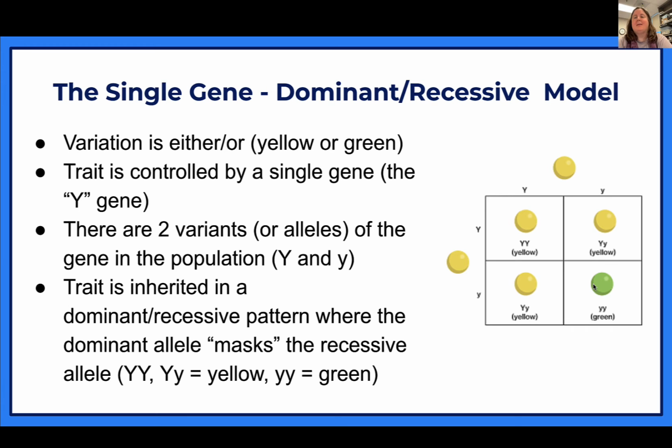This is just a probability of what might happen. It doesn't mean that they're always going to have 4 offspring in this ratio. Just like if you flip a coin 100 times, it could be 100 times heads, it could be 100 times tails, but that's not probable. It's possible, but not probable. What's probable is that it's going to be about 50-50. So this is the same thing. It's showing probability.